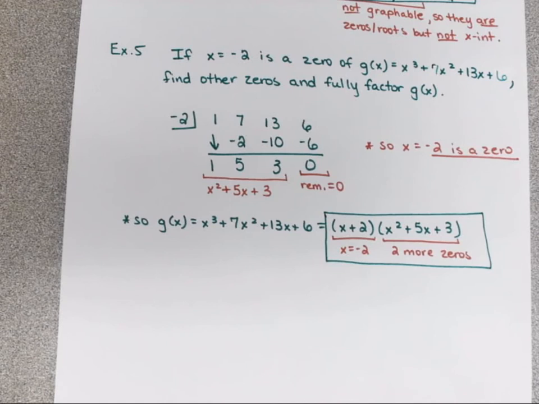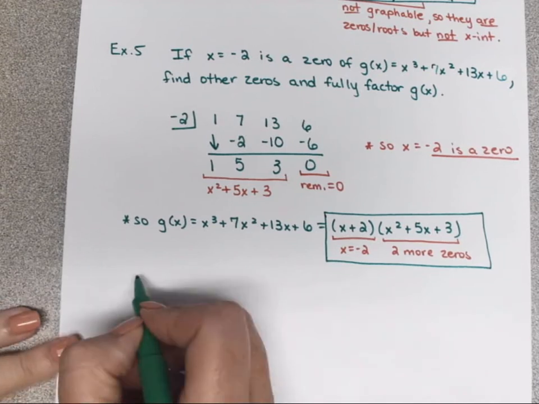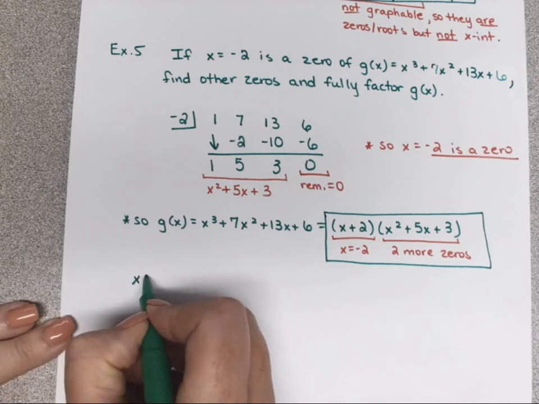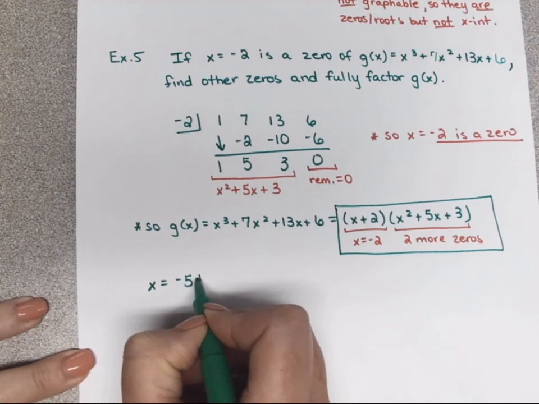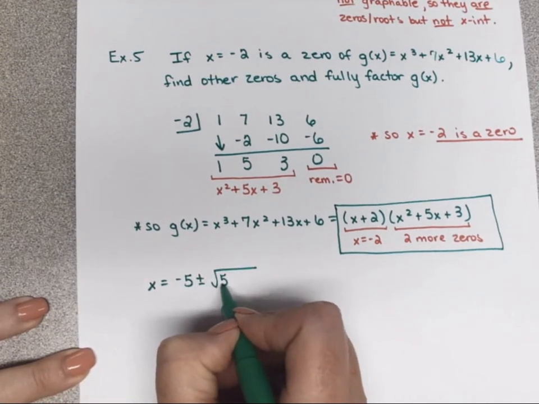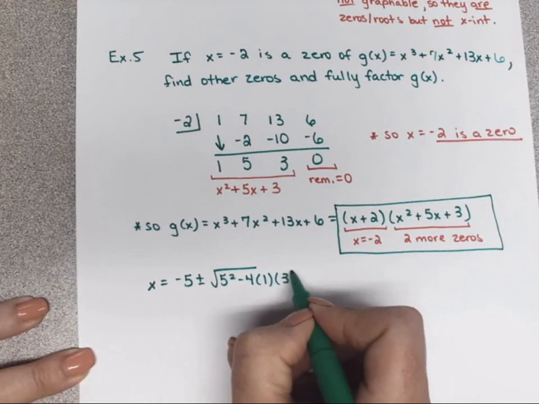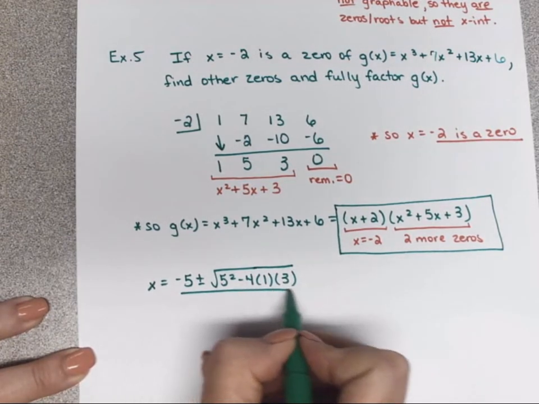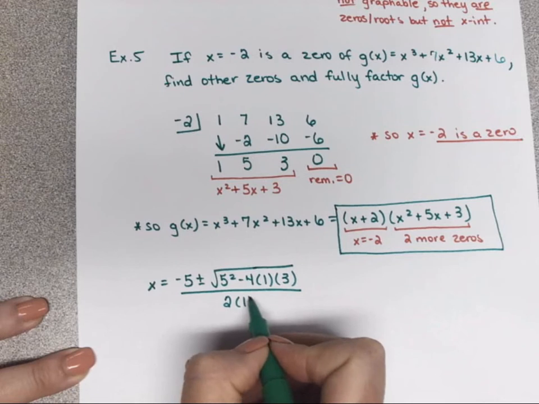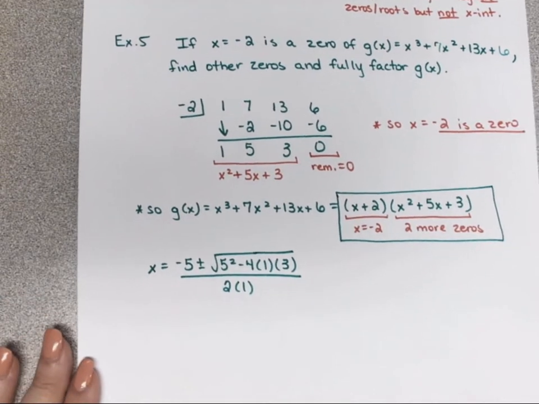So what do we do? Quadratic formula. So we say x equals negative b plus or minus the square root of b squared minus 4ac, all over 2a.